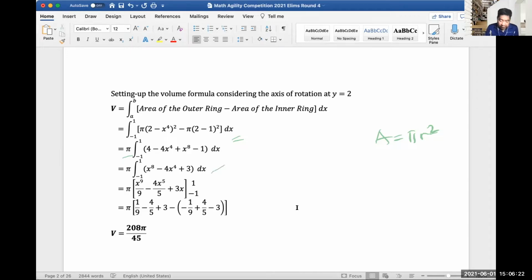If we integrate it, this will be x to the ninth over 9 minus 4x to the fifth over 5 plus 3x from the boundary negative 1 to 1, right? And so let's substitute 1. So we have 1 ninth minus 4 fifths plus 3 minus the quantity of negative 1 ninth plus 4 fifths minus 3. And the final answer, the volume, would be 208 pi over 45. You can put also cubic units here.